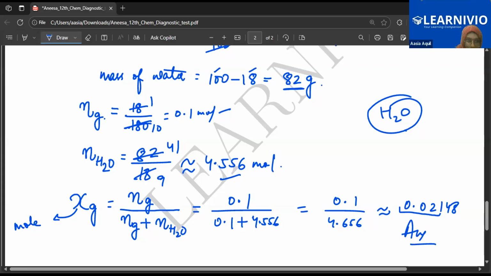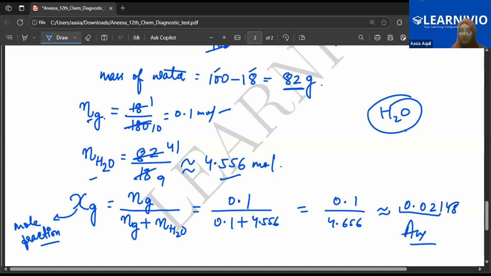Mole fraction is basically given by X, and suppose we have a binary solution. Binary solution means binary component, because a binary solution is one in which two components are there. Bi means two, right? Actually this is a binary one because glucose and water are there. So how can we calculate the mole fraction?